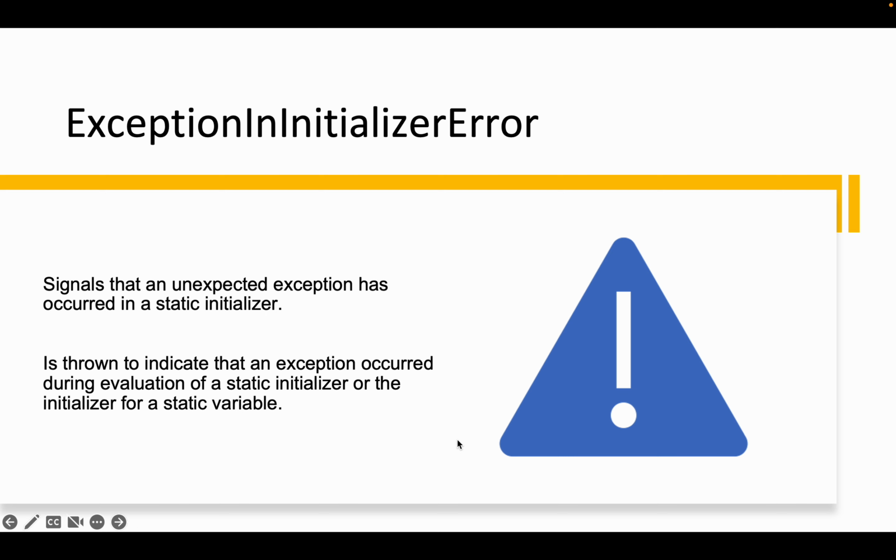Then we have another exception called exception initializer error. So this signals that an unexpected exception has occurred in a static initializer. It is thrown to indicate that an exception occurred during evaluation of a static initializer or initializer for static variables.